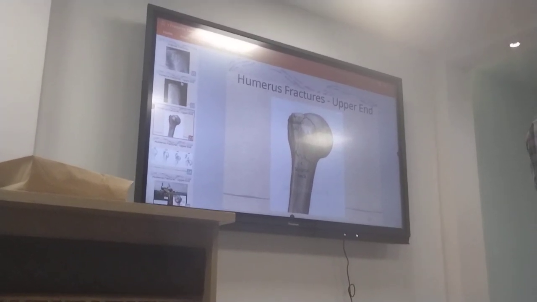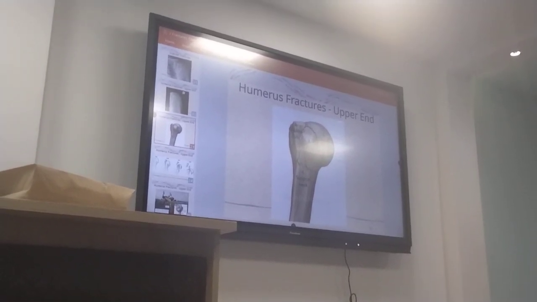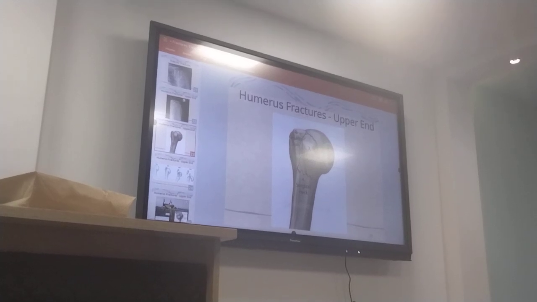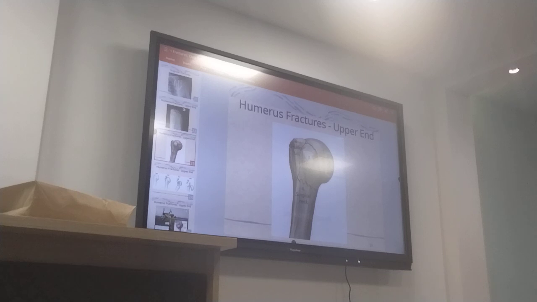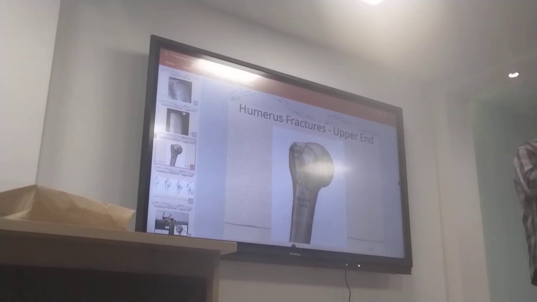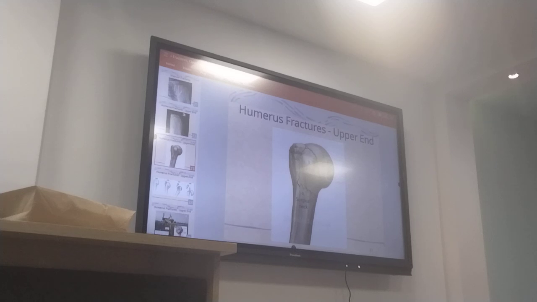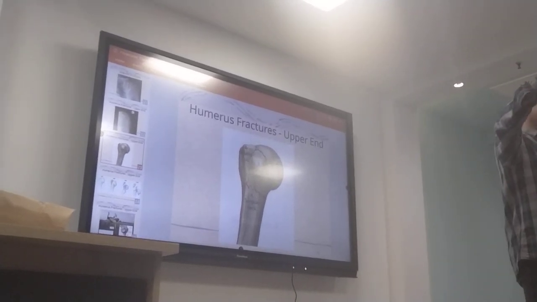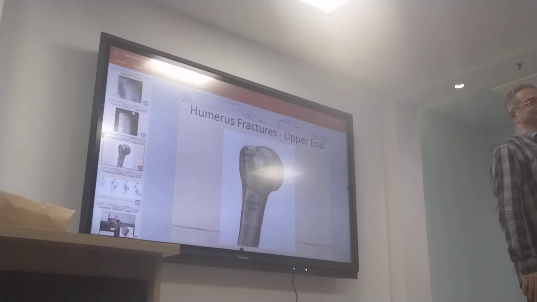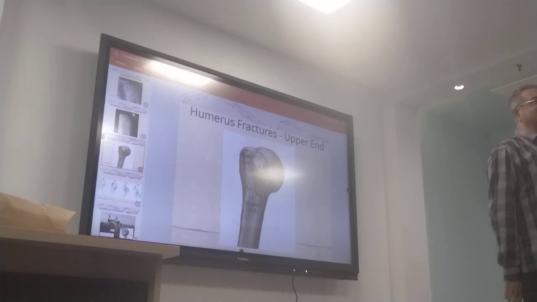And what was the name of the internal rotator? Sternocleidomastoid. We are stuck on sternocleidomastoid. Name the rotator cuffs. Supraspinatus, infraspinatus, deltoid. Deltoid is not a rotator cuff.